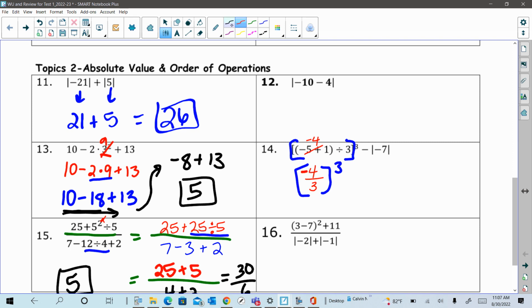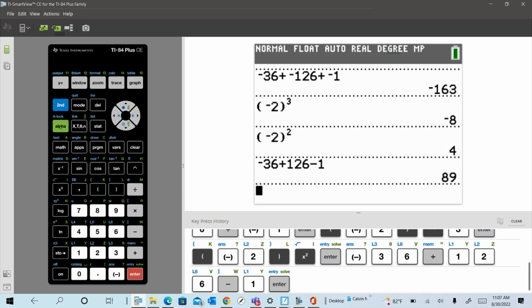And then we're going to have minus, and the absolute value, but this is a grouping as well. The absolute value of negative 7 is just 7, so it's minus 7. So we can put this in the calculator. If you want a review on how to do a fraction in the calculator, you hit alpha, the green button, and then y equals, which is above in the blue button, upper left-hand corner.